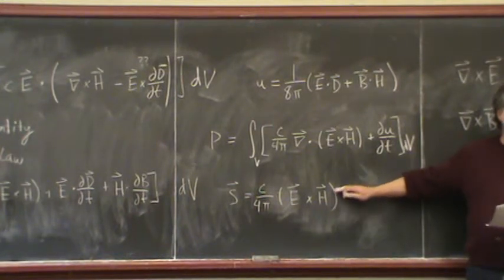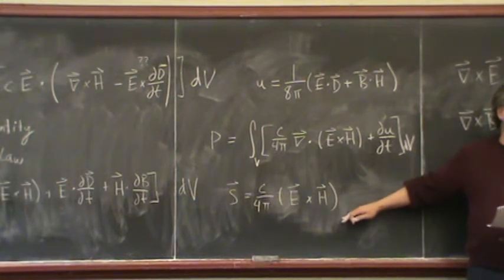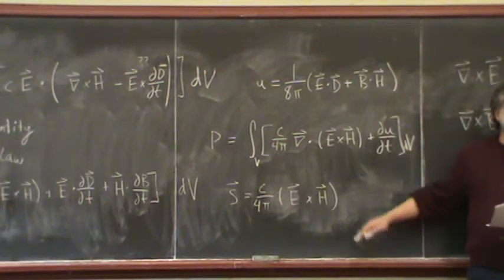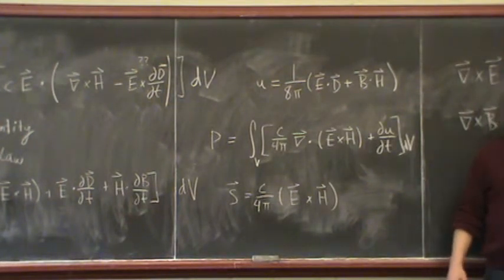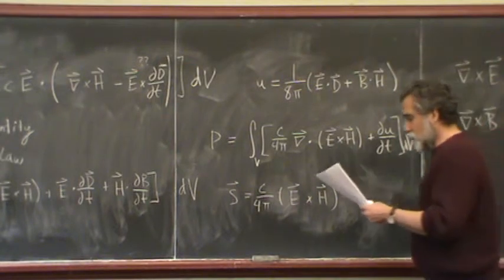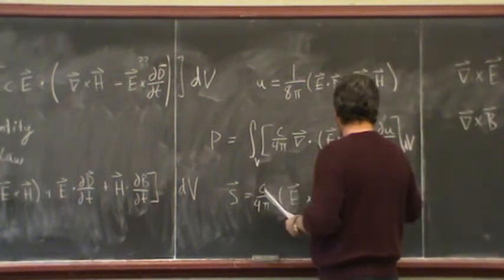It's called a Poynting vector. It does point in the direction of the flow of energy, but it's actually spelled P-O-Y-N-T-I-N-G because it was developed by Poynting, who was a student of Maxwell's. So that's the Poynting vector.